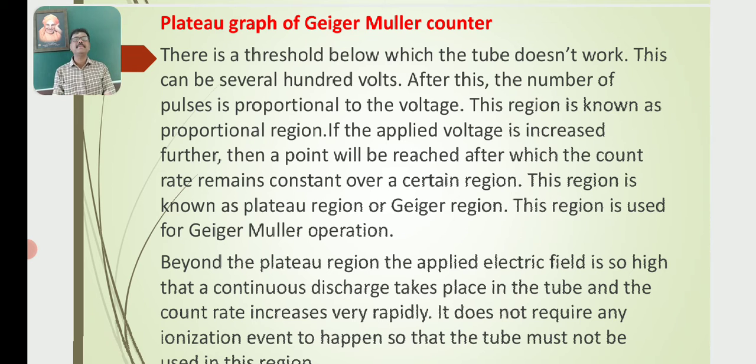Beyond the Plateau region, the applied electric field is so high that a continuous discharge takes place in the tube and the count rate increases very rapidly.